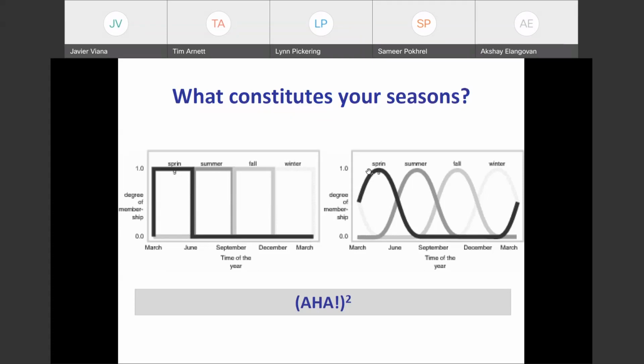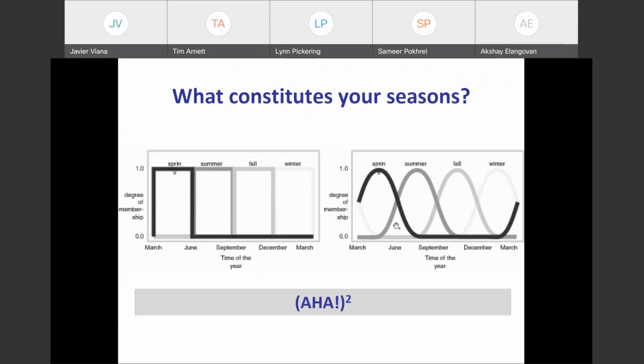And so you want a more smooth transition between them, and you definitely get overlap in between the seasons. There's not a single date where spring stops and summer starts, and then you all of a sudden have no more rain and bright blue skies and 95-degree weather. Although here in Ohio maybe that does happen, but generally we like to consider there's an overlap between these.